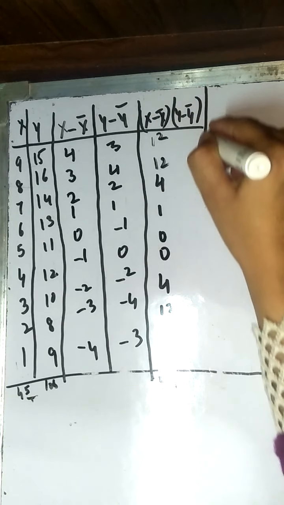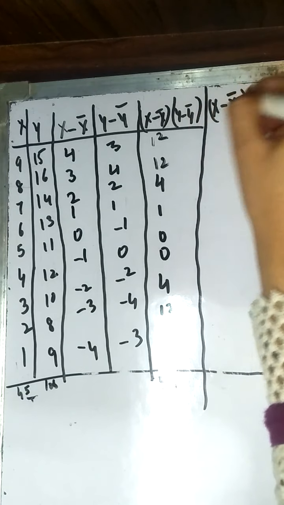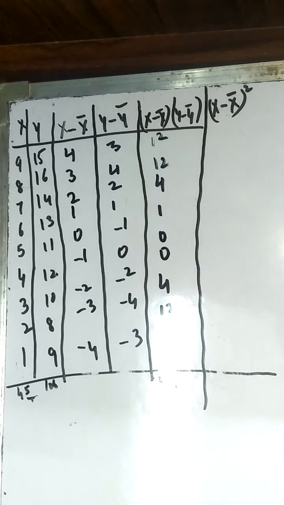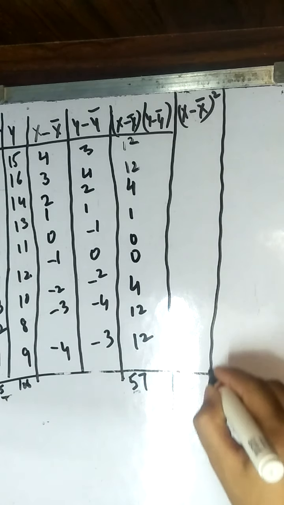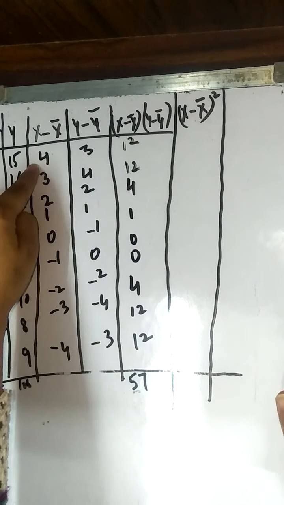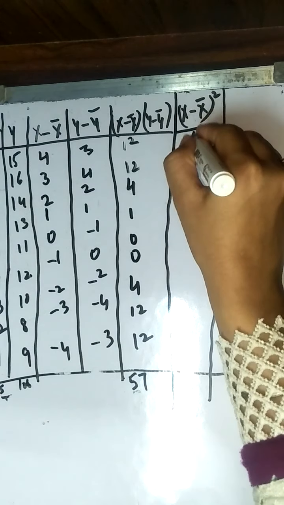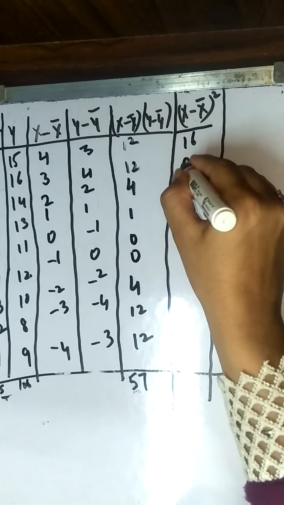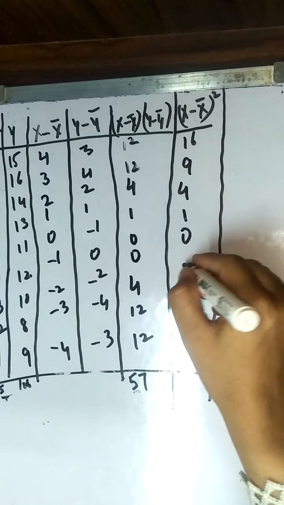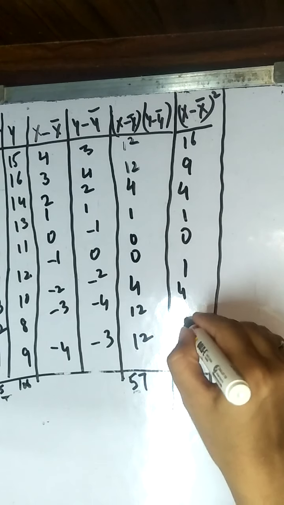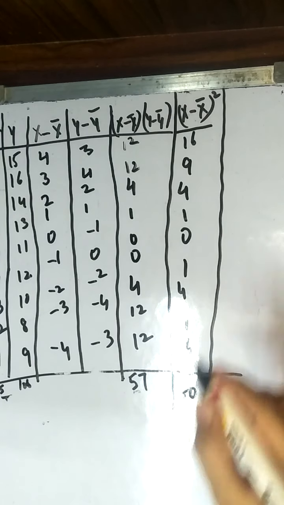Next we find x minus x bar square. So we square these values. The squares are 16, then 9, then 4, then 1, 0, 1, 4, 9, 16, and the sum of these values is 60.